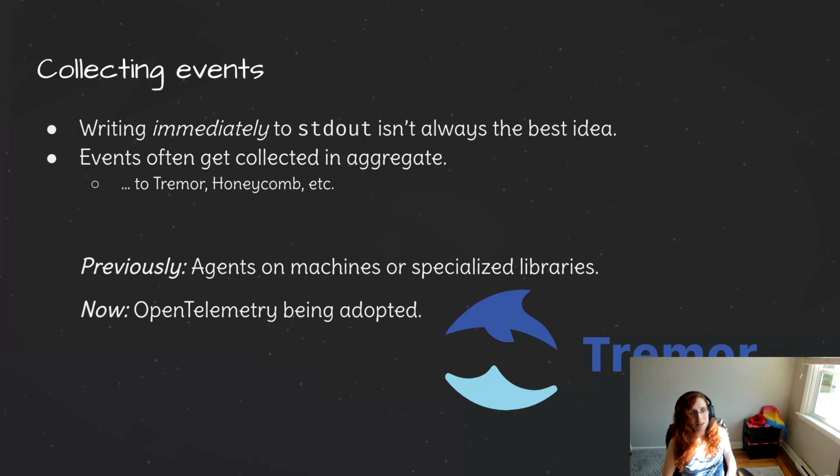So it allows us to kind of escape this ecosystem that we found ourselves in, where you have specialized vendor agents or libraries in your code base that are only there to ship events off to your observability vendor. And OpenTelemetry kind of lets us reclaim that space and build really good tools around it that all of us can share and enjoy.